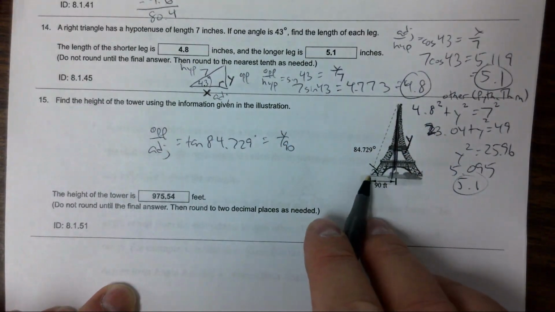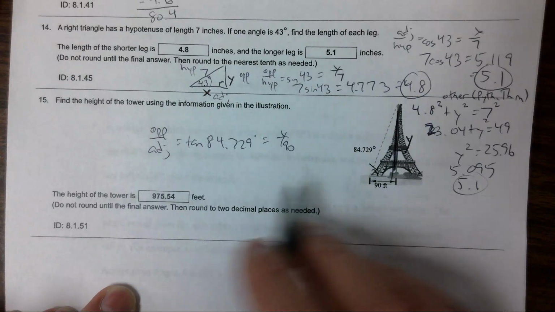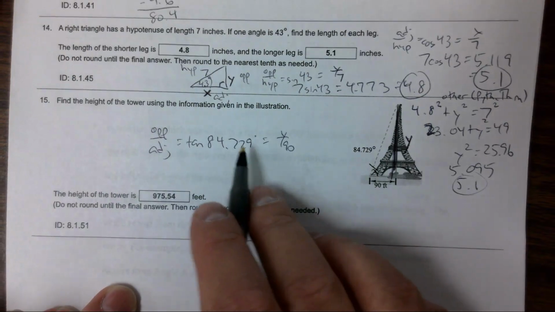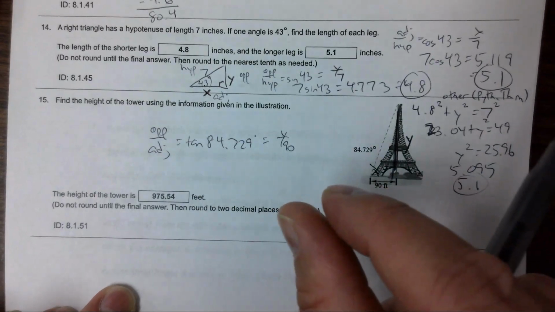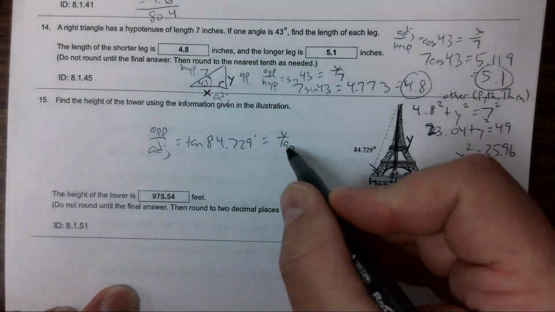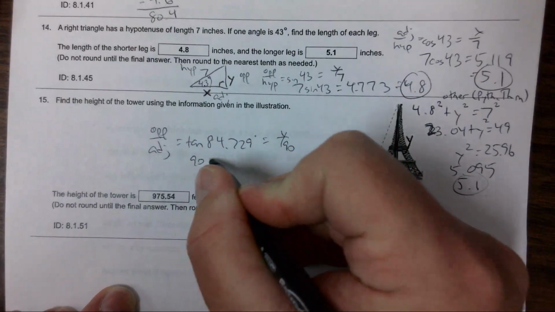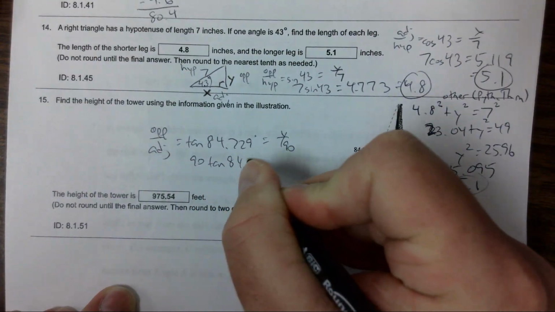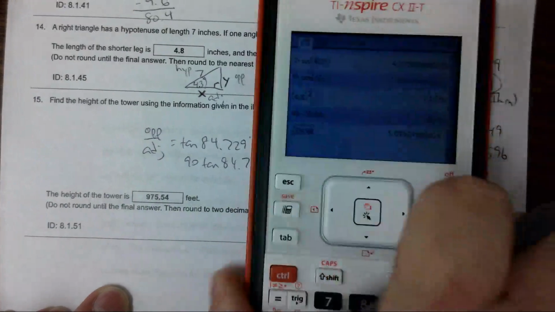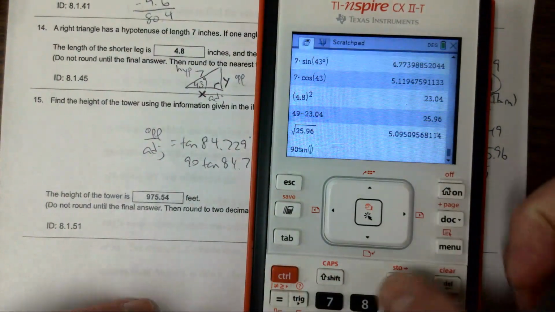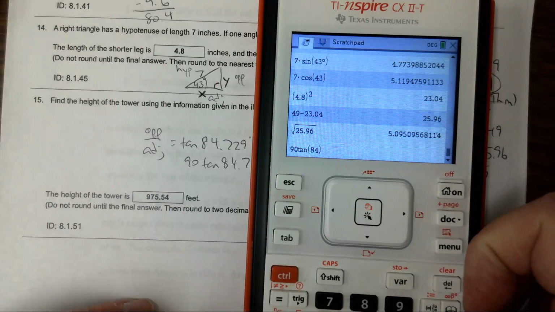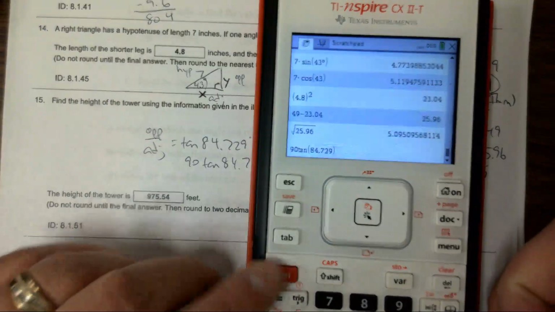So like, if the ground sank a little bit because of the rain, it would have been a different angle. That's very, very specific. It's just off by a tiny bit, then it's different. So let's do 90, tan, 84.729.